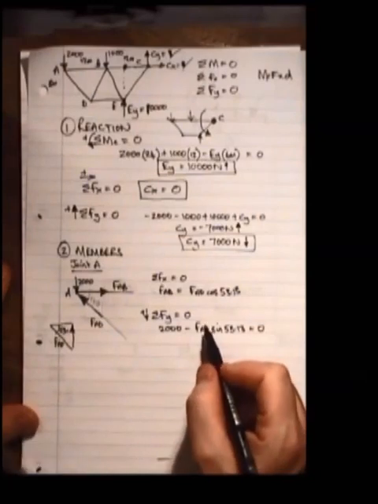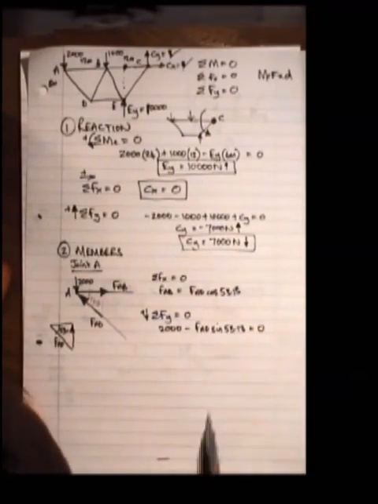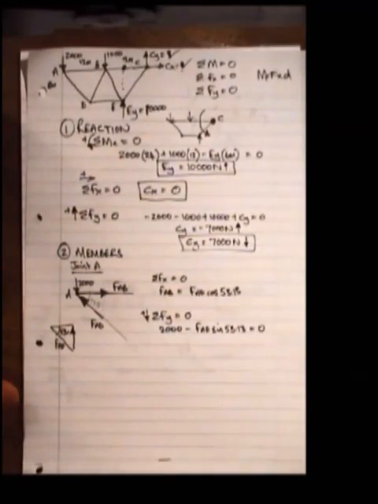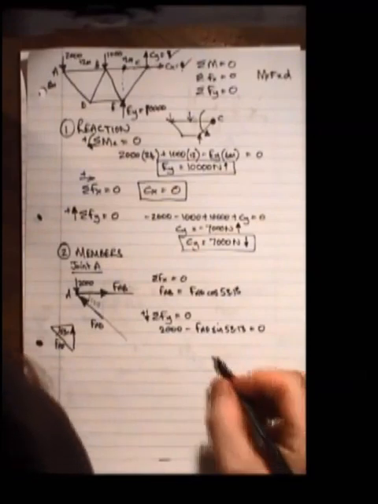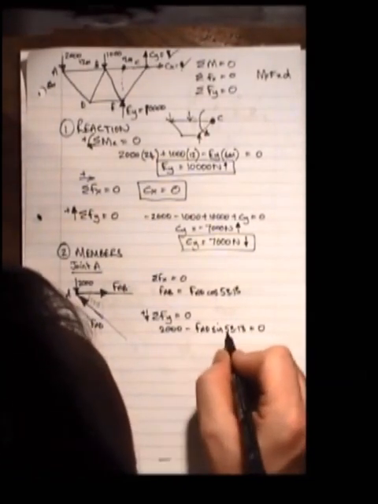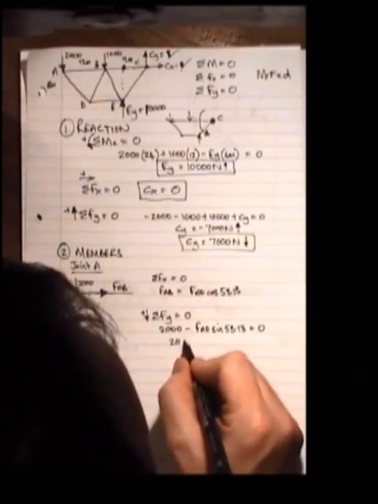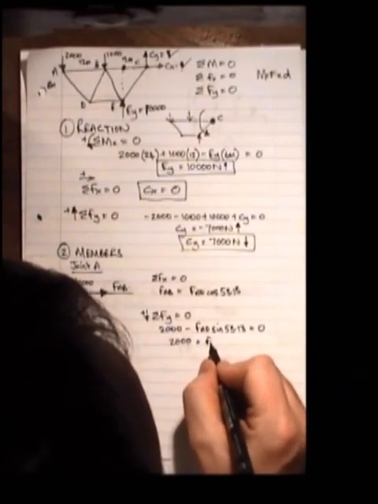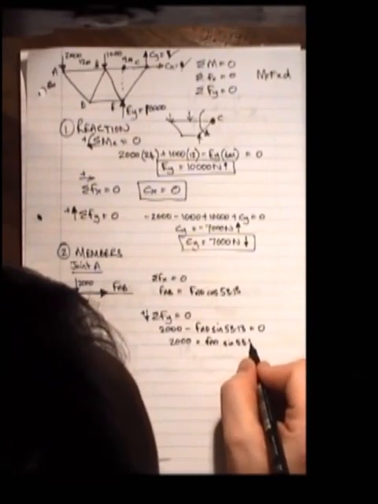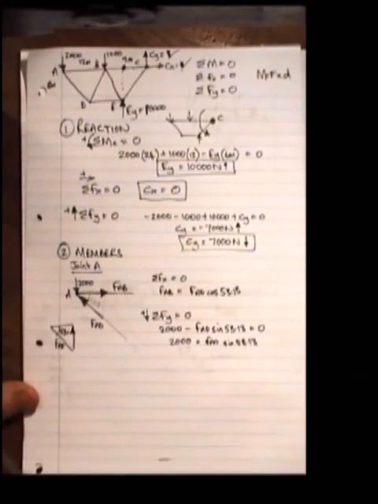Now the only unknown that we have is FAD. So what we're going to do is take the FAD over that side, so we've got 2,000 equals FAD sine 53.13.